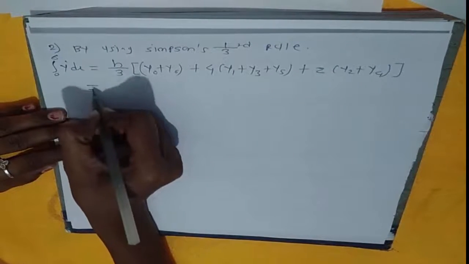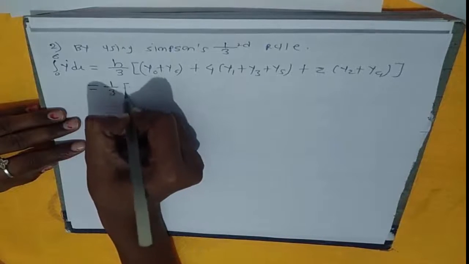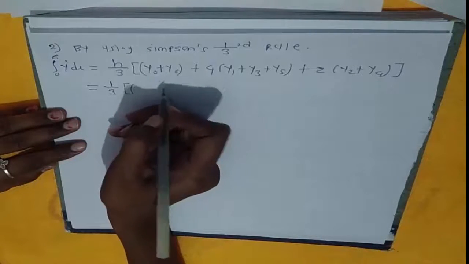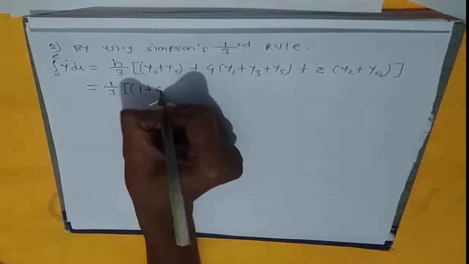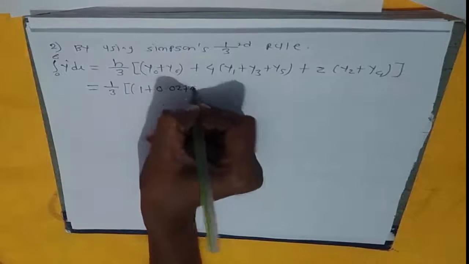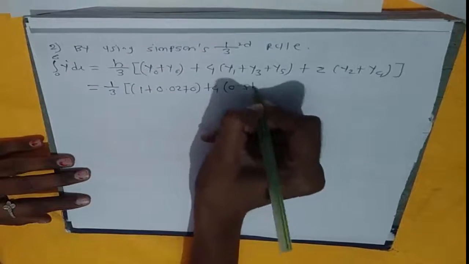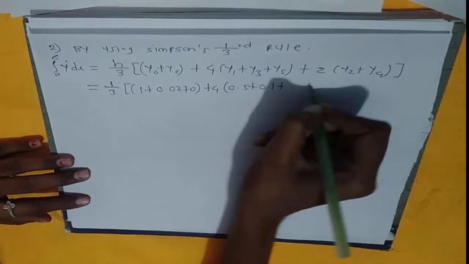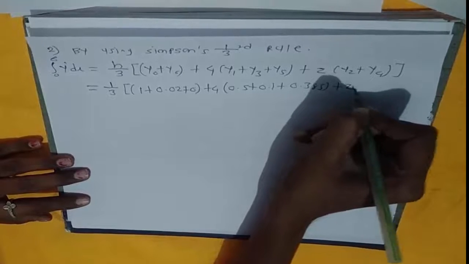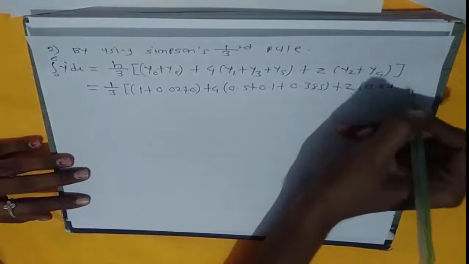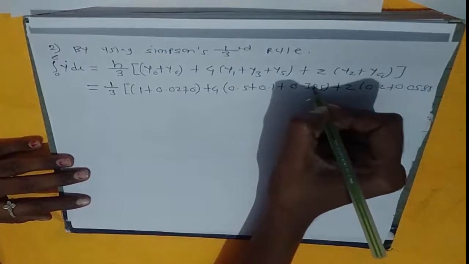Then simply we put the values here. h will be 1, so 1/3 bracket, y0 is 1 plus 0.0270, plus 4 times 0.5 plus 0.1 plus 0.0385, plus 2 times 0.2 plus 0.0588.